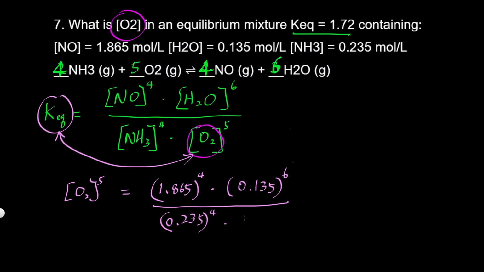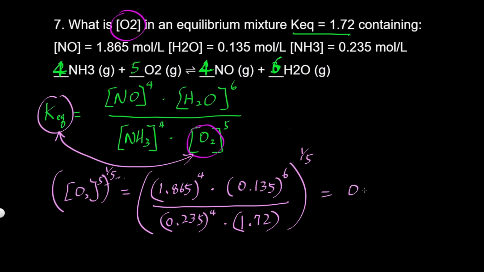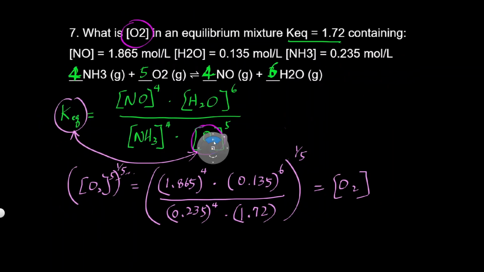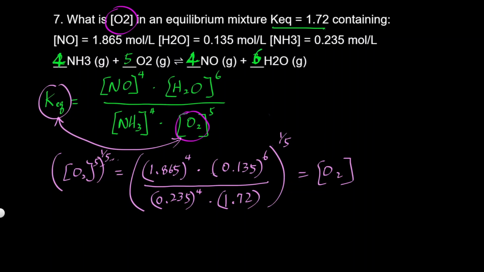So KEQ was 1.72. And then to get rid of that fifth power, what do we need to do? We need to raise everything to the 1/5 power. Because power to power, when you multiply, this becomes just oxygen. So this becomes the concentration of the oxygen. Now take out your calculator and be careful when you solve this.